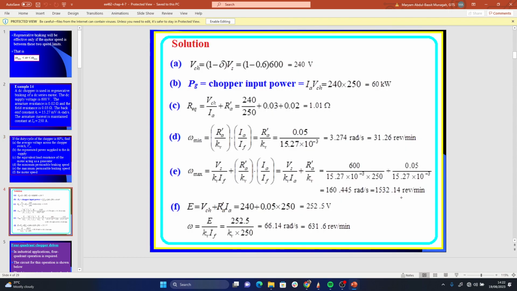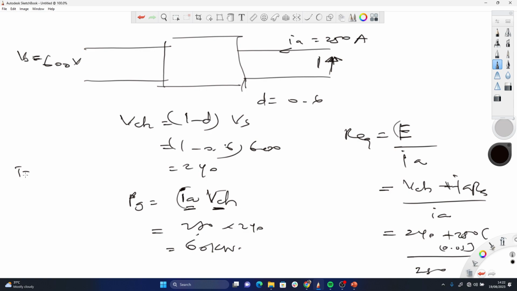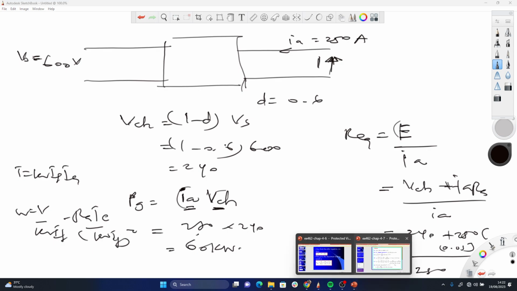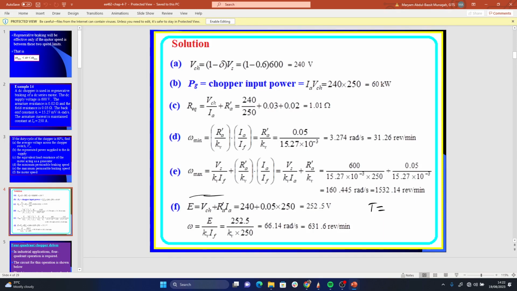So you might find the torque, and then you just go ahead and find your speed. So now your torque will be what? Torque is KVIFIA. Once I have that torque, I can just do this in the speed formula. V over KVIF minus RATE over KVIF squared. So that will be it. So you can solve it that way. You can also solve it the way they solve it here, to give you the same thing.